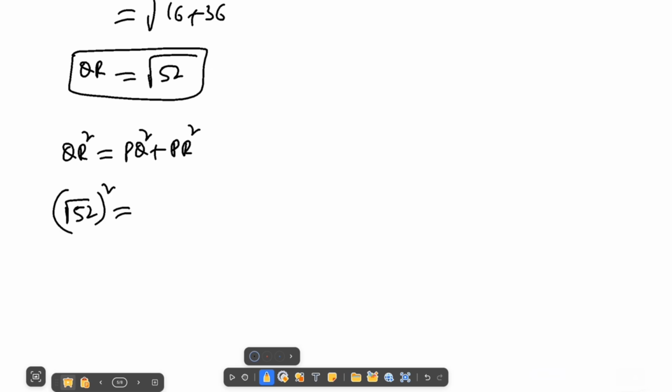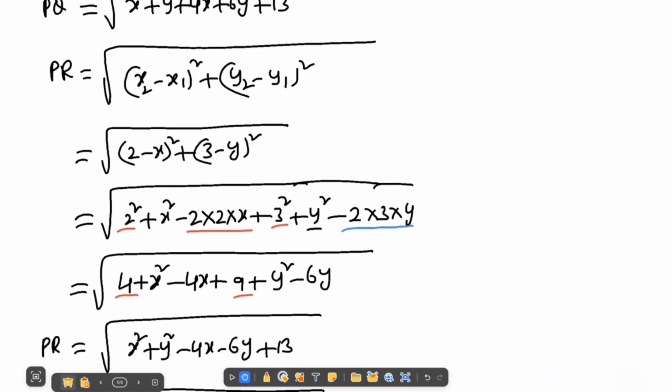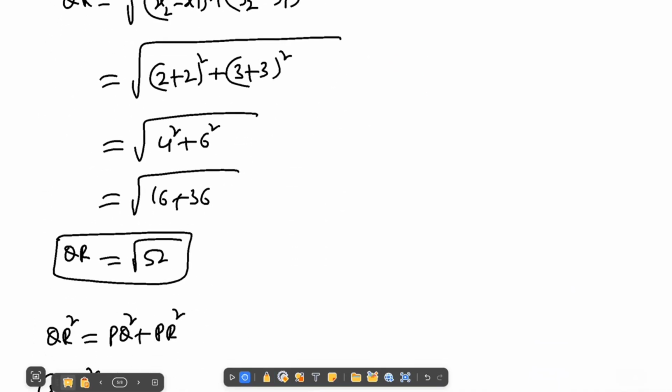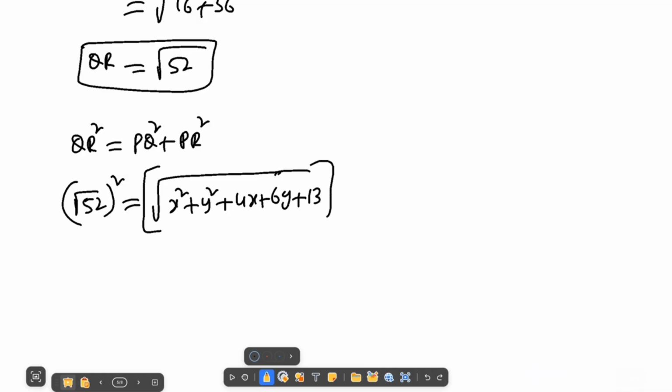Now let's check PQ. PQ is under root of x square plus y square plus 4x plus 6y plus 13. So PQ whole square, right?